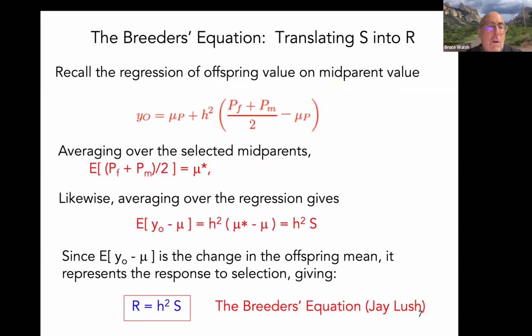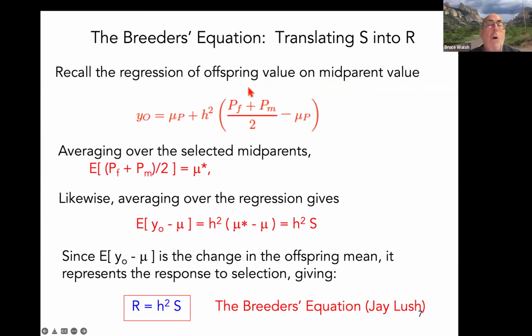So again, you can look up the details about this, but I can write the regression of an offspring on its parents. So here's the value of the father and the mother. There's the overall mean of the population beforehand. The expected mean of the offspring is simply the deviation of the parents from the mean times the heritability.